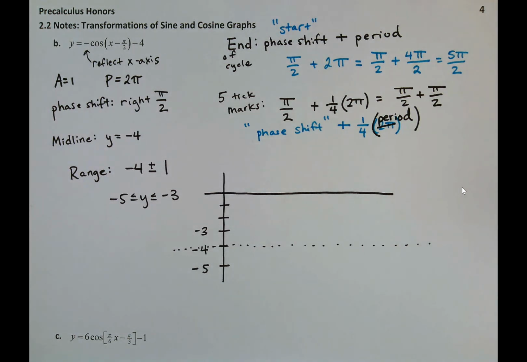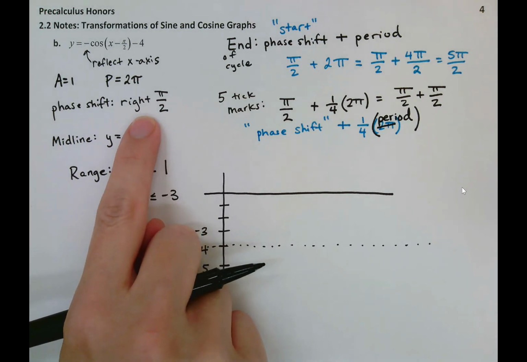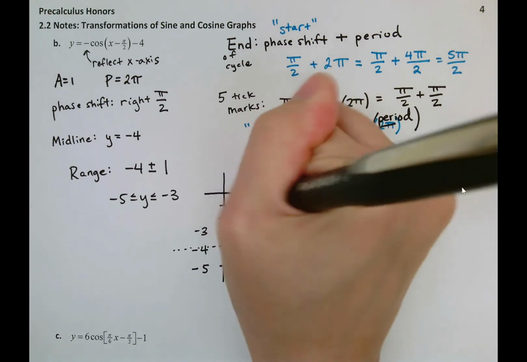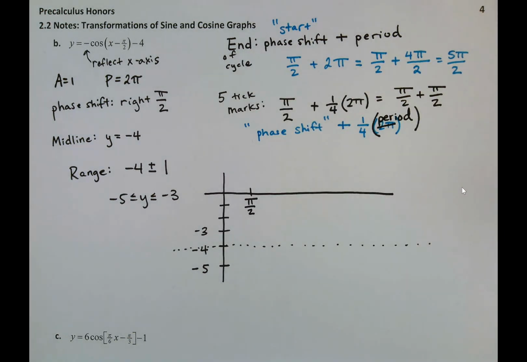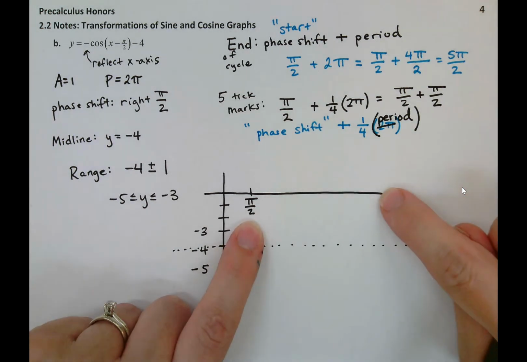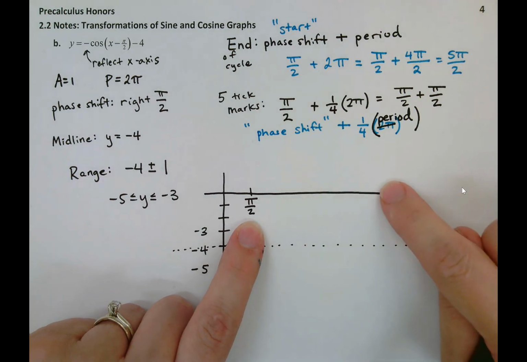So now that we have a phase shift, we're not starting at 0, so that does not count as one of our 5 points. So my first point is going to be my phase shift. That's always my starting point. So I now have a starting point at pi over 2. Now, 2 ways you can do this. You can put my ending point of 5 pi over 2 and then find the halfway marks that way.